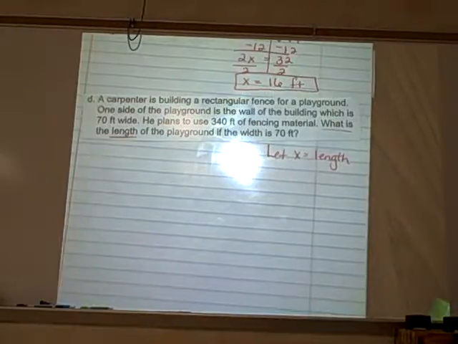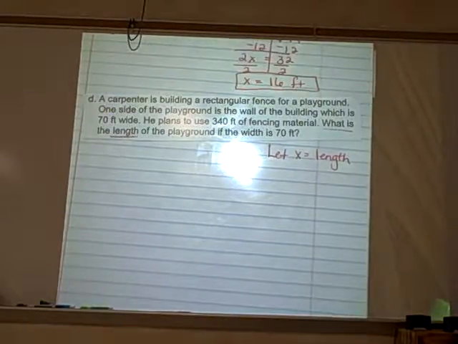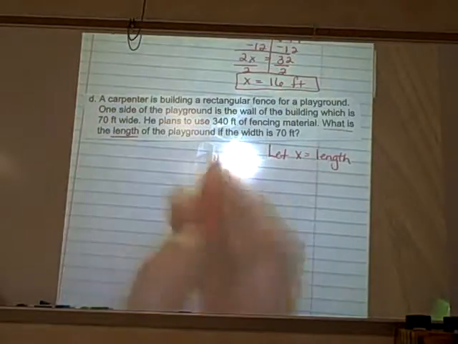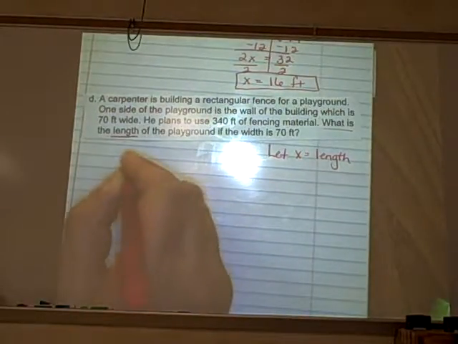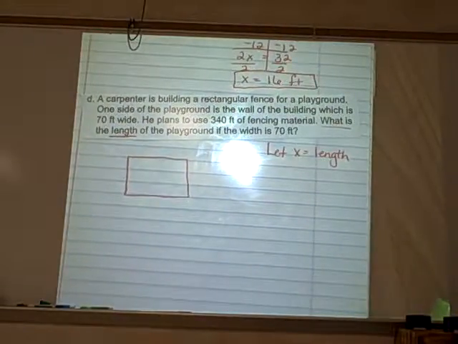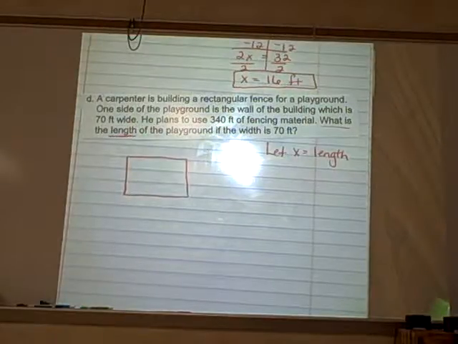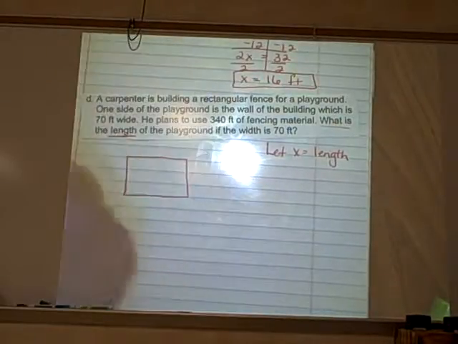And then what do you think I'm going to do next? I'm going to draw a picture, because I'm so visual, I need a picture. So it's a rectangle again, which is good because rectangles are pretty easy. So draw a rectangle. And instead of one side being a fence this time, what is it saying it is? One side's a wall, right? It is a playground, but one side's a wall.